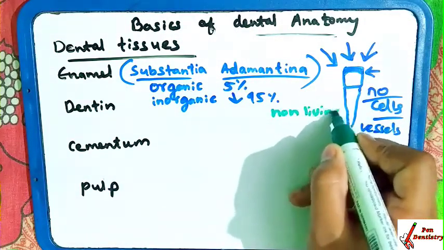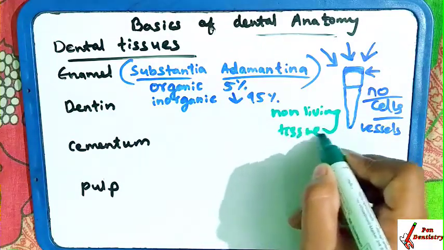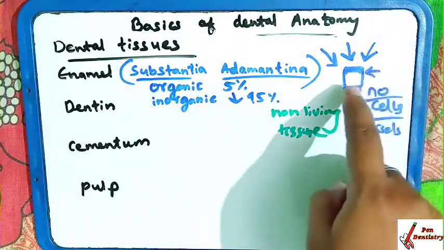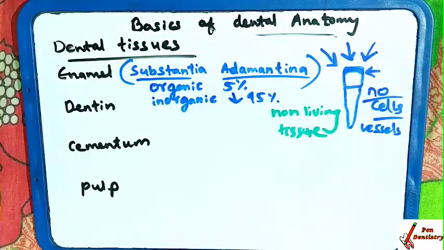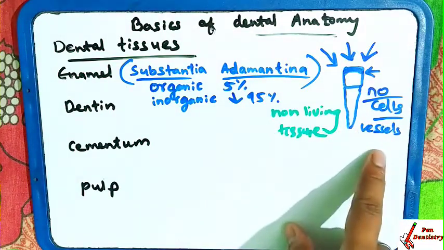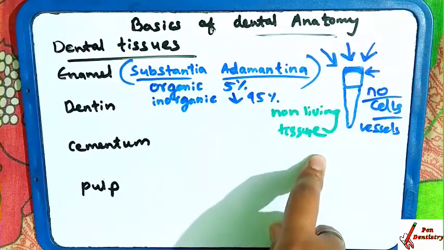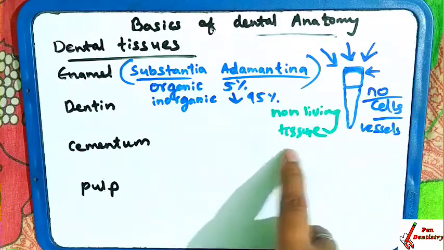When damage is caused to the enamel, it does not repair on its own, because it has no cells and no vessels. Cells repair themselves, vessels repair themselves, but a portion without cells or vessels will not repair on its own, and it is a non-living tissue.